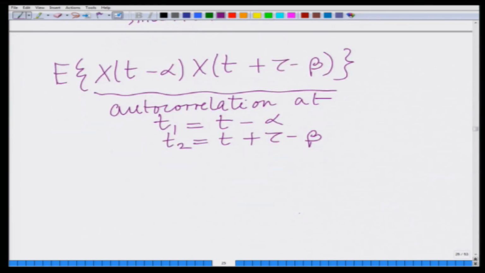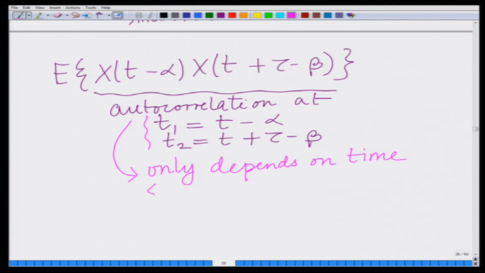So, this only depends on the time shift between these two instants, t2 minus t1, which is equal to tau minus beta plus alpha.